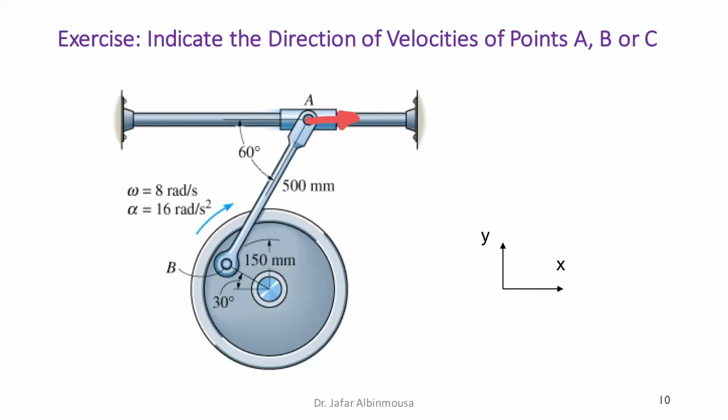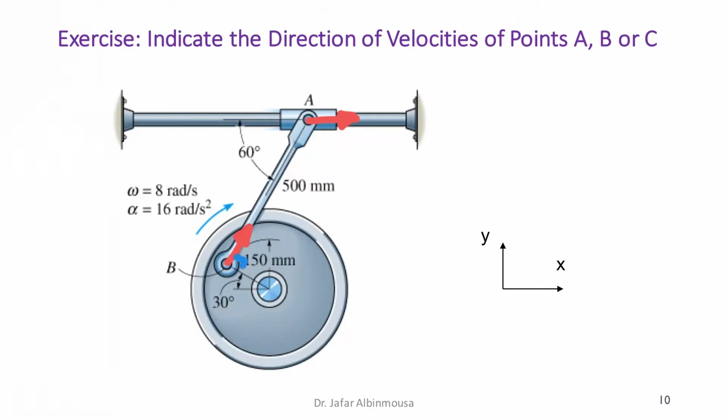While if you look at point B, B is a point on the circle. So if you have any point on the circle, all you have to do is draw the radius from the center to that point, and then draw a line perpendicular to it representing the velocity at that point. So this is definitely going to be like this.